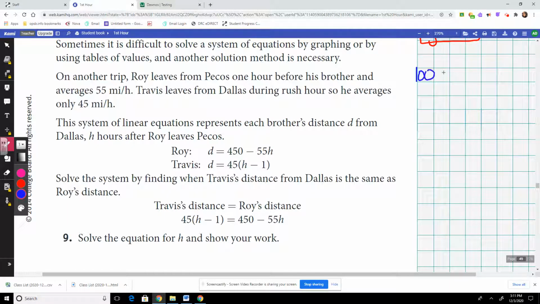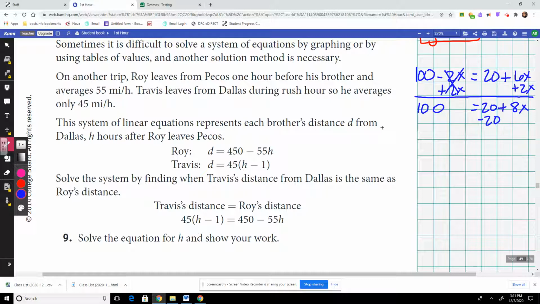So 100 minus 2x equals 20 plus 6x. I'm going to start by adding 2x to both sides because this will have all of my numbers remain positive. So then I get 100 equals 20 plus 8x.